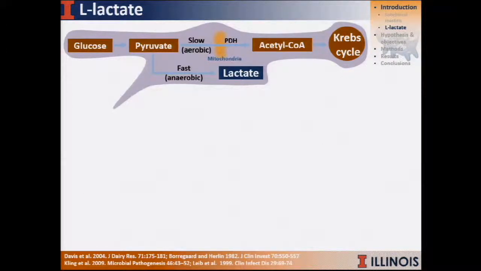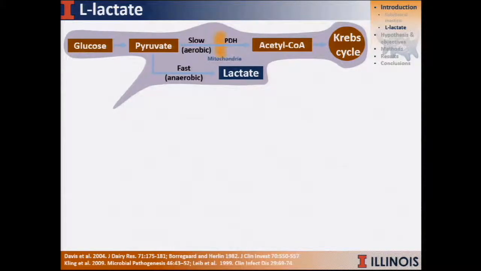Everybody in this room knows that lactate is a physiological byproduct of anaerobic glycolysis, which is enhanced in case of decreased oxygen tension and increased metabolic rate of the cell. And this is what happens in mastitis. In mastitic milk, the concentration of oxygen is decreased and the activity of somatic cells is all the time at the peak because they are all the time fighting the infection.